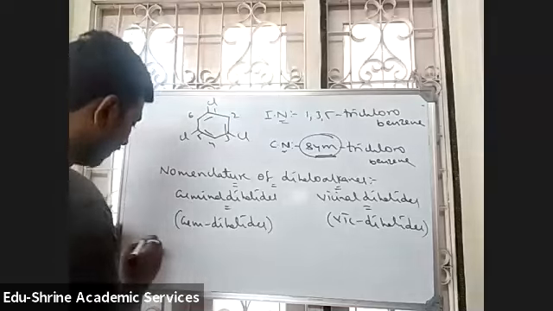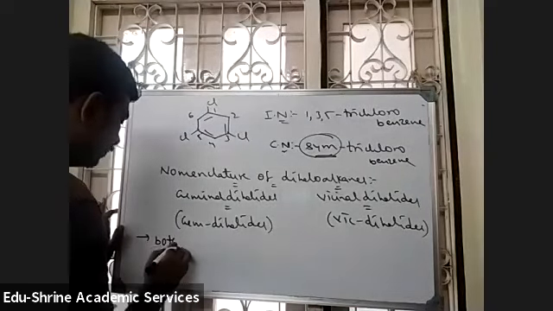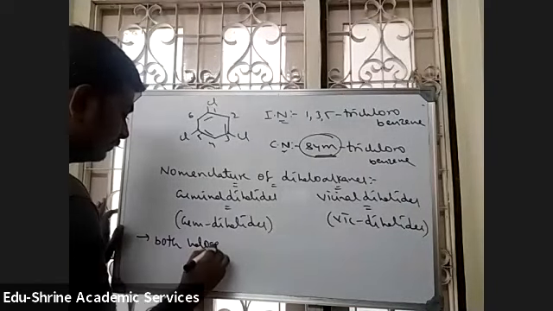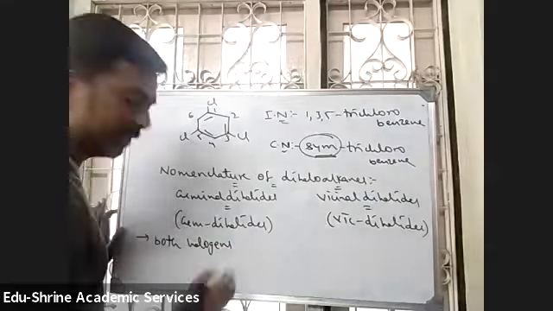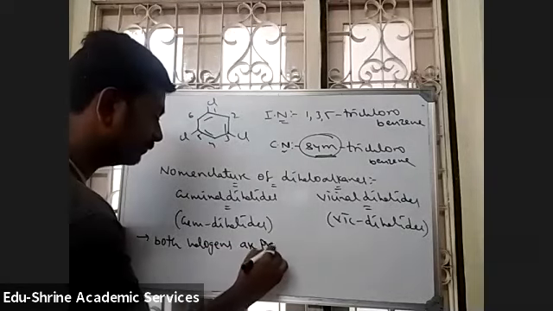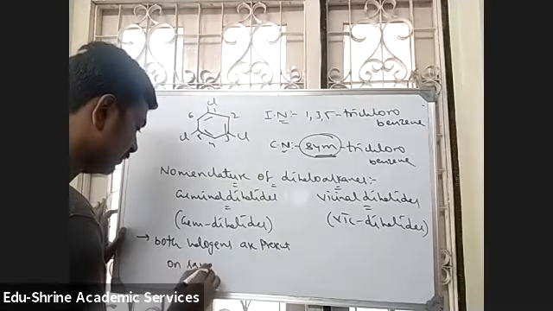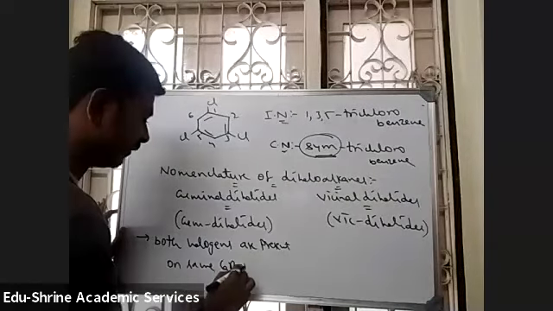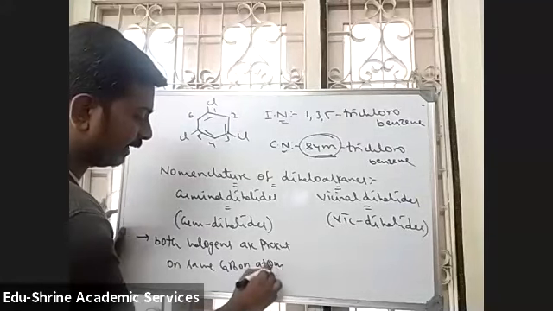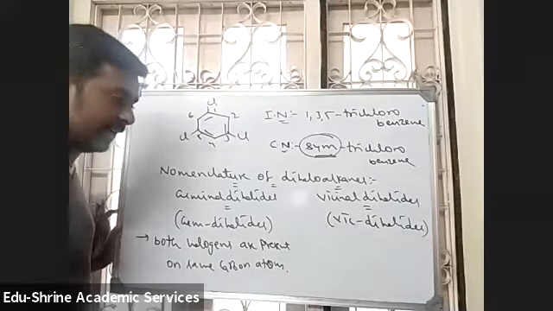Same carbon atom, right? Geminal dihalides means both halogens are present on the same carbon atom. Then they are called geminal dihalides.